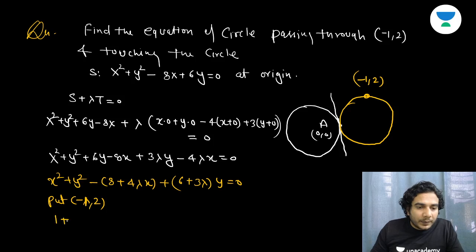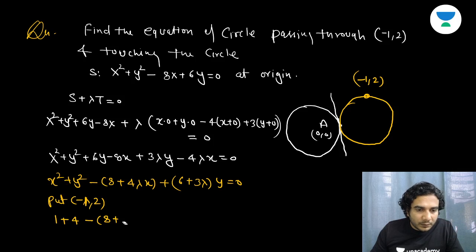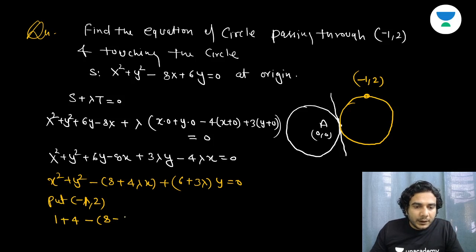so we'll get 1 plus 4 minus 8 plus 8 minus 4 lambda, we are putting minus 1 comma 2, all right? Minus 1 comma 2, so minus 4 lambda plus 6 plus 3 lambda into 2 is equal to 0. Let's simplify it.